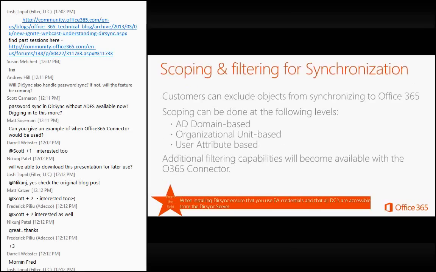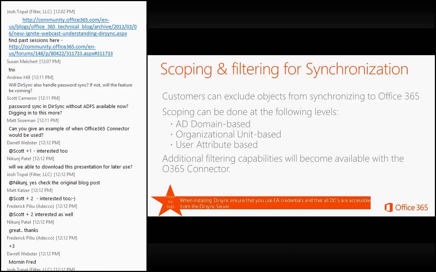So we mentioned scoping and filtering. You can scope objects, and you do that by managing the source AD management agent in directory sync, and that enables you to select which organizational units you want to synchronize to Office 365, and which domains and objects you don't want to sync.